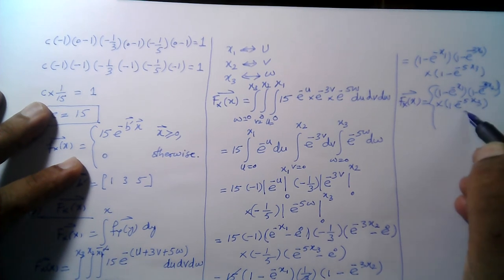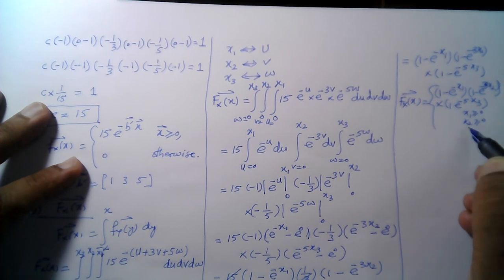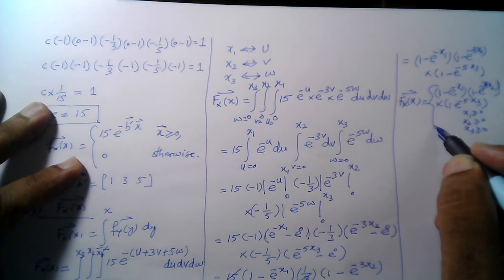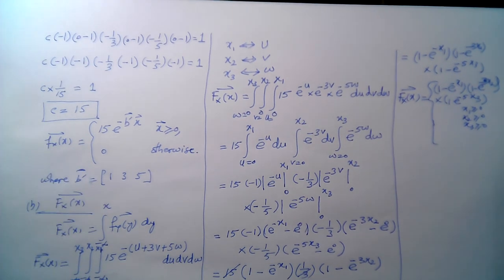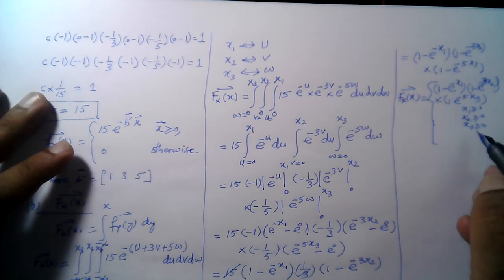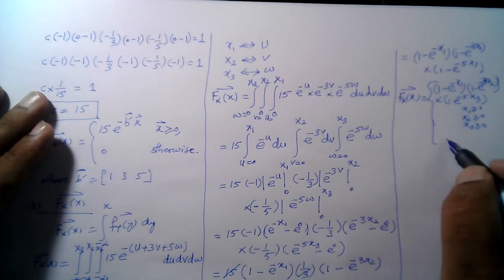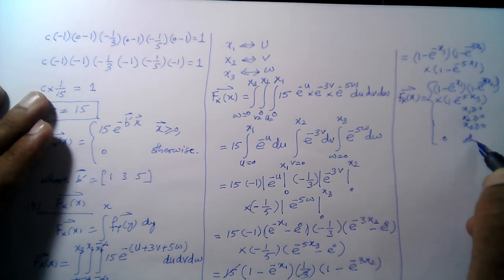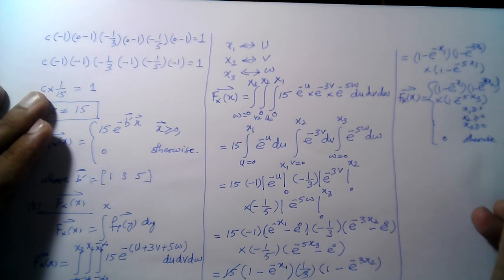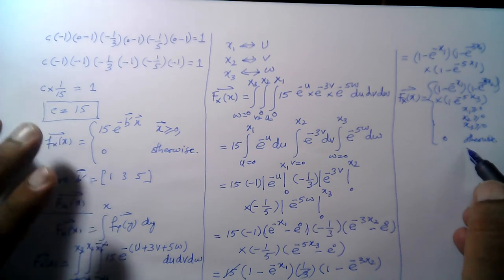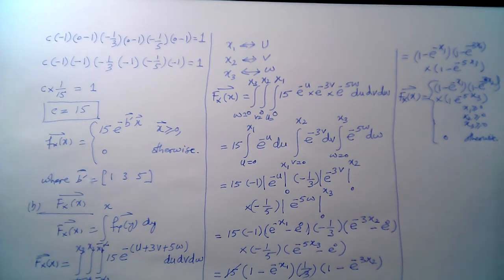And x1 is greater than or equal to 0, x2 is greater than or equal to 0, x3 is greater than or equal to 0, right? And this is 0 otherwise, right? So this is the complete expression for the CDF. So this completes our solution for this problem.